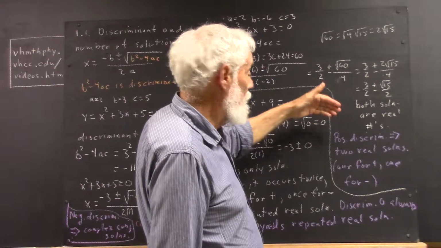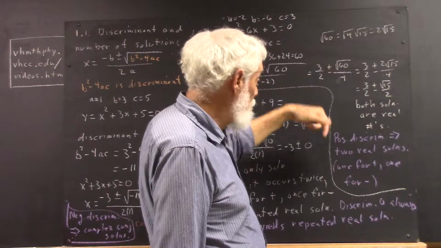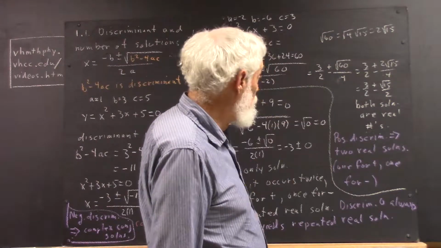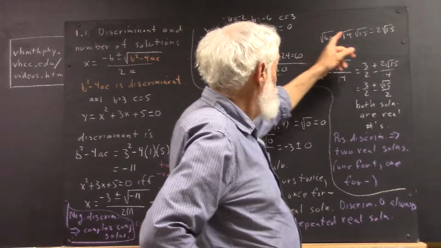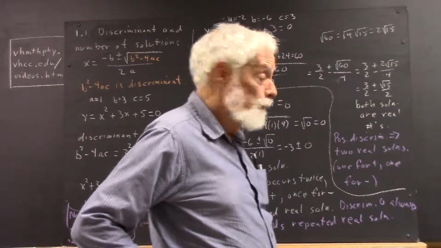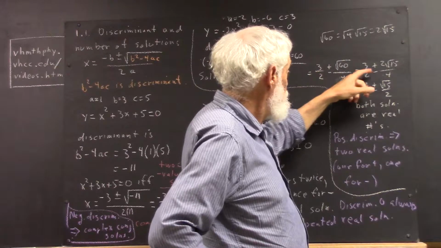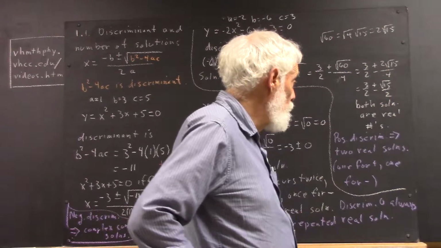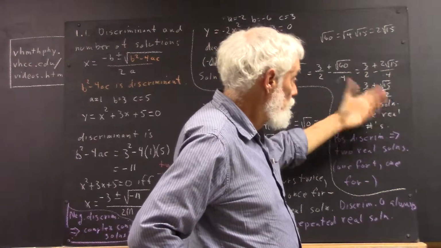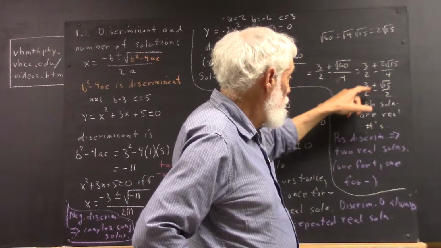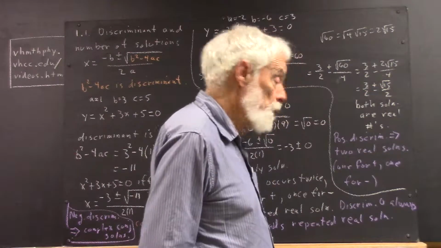We're still going to get the same two numbers when we do the plus and minus as we would if we had the negative 4 down here. And the square root of 60 simplifies to 2 square root of 15. So we end up with 3 halves plus or minus 2 square root of 15 over 4. And of course 2 over 4 is 1 half, so we end up with 3 halves plus or minus square root of 15 over 2.